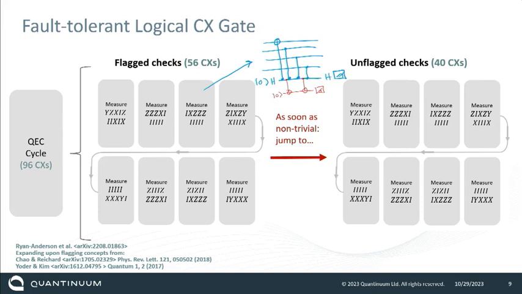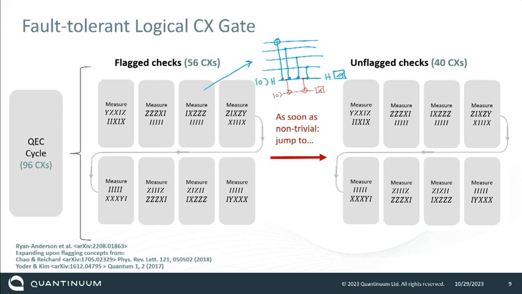So we have both the syndrome ancilla and the flagging ancilla. And we measure these one at a time, and then as soon as we see a non-trivial result, like with the Steane code, we branch over and remeasure all the checks using unflagged, normal circuits.